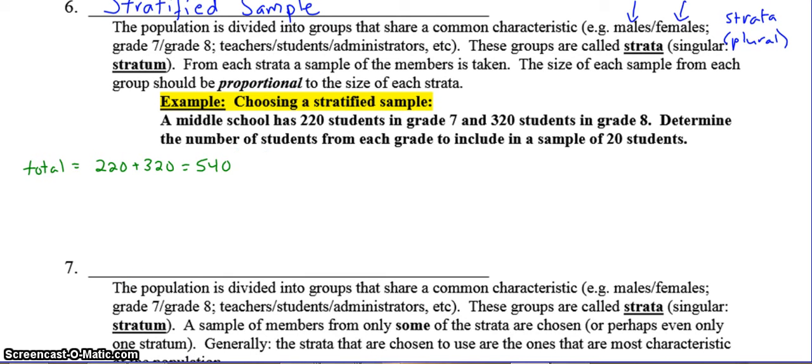So what you do is you take a look at the grade 7s. There are 220 grade 7s out of a total of 540, and that works out to approximately 41%.